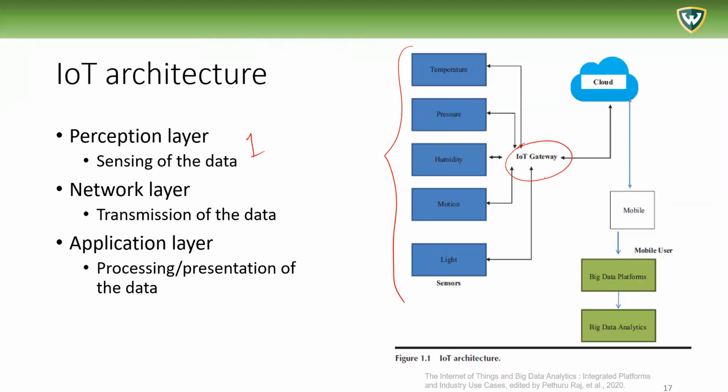So that's another layer of a generic IoT architecture. And then there's the application layer, which is about the processing and presentation of data. This will happen more on the cloud, but also on mobile devices, desktop devices, or other server computers that process, display, and manage that data.